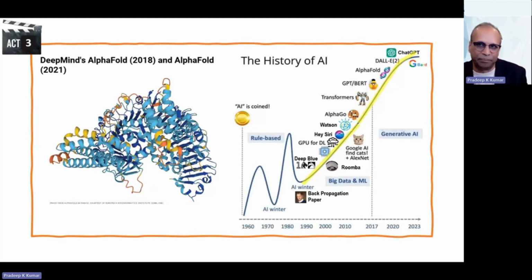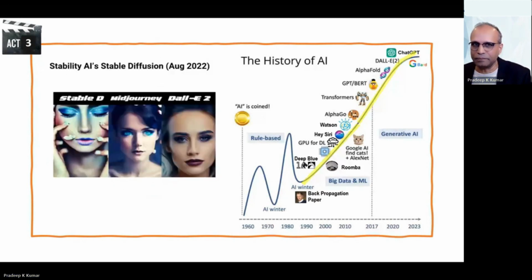AlphaFold, on the other hand, can predict the 3D structure of a protein from its amino acid sequence without the need for experimental data. AlphaFold uses deep learning techniques and pattern recognition, can reduce the time for prediction to minutes or hours, and has an accuracy rate of 92% compared to 58.9% in traditional methods. So that was another big jump in medicine for drug discovery.